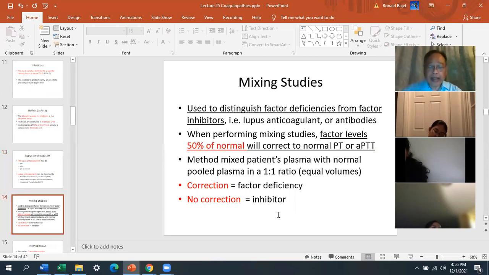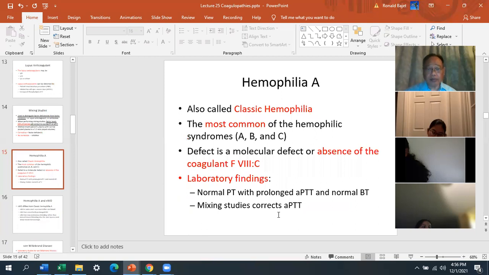So again, to distinguish factor deficiencies from factor inhibitors, the bottom line here is if you get correction, it's a factor deficiency, and if you get no correction, then you have an inhibitor.